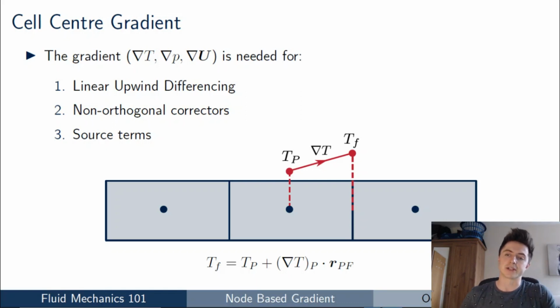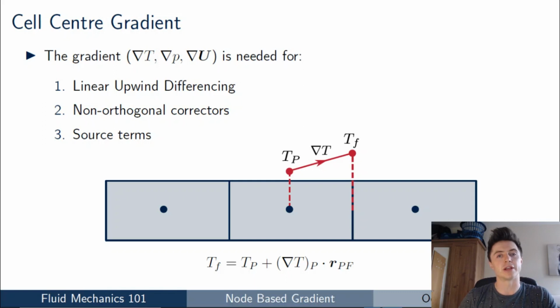The way the scheme works is that we want to calculate the face value of the temperature, TF, and we do that by taking the value at the cell centroid, TP, and then adding on the gradient, grad T evaluated at the centroid, dot producted with the vector between the cell centroid and the face center. So we're using the gradient to extrapolate and work out what the face value of the temperature is.